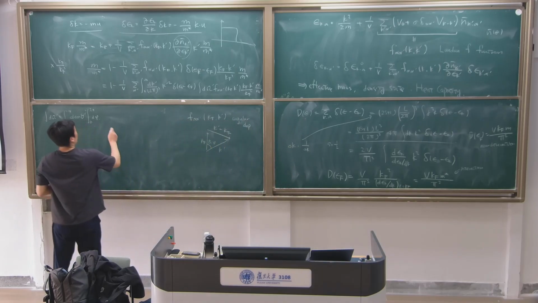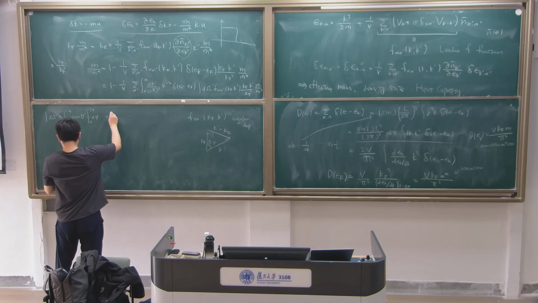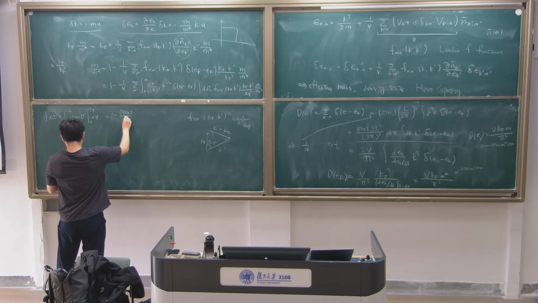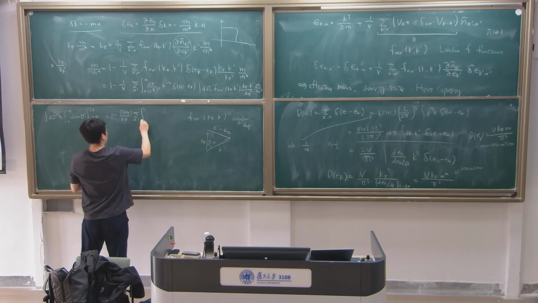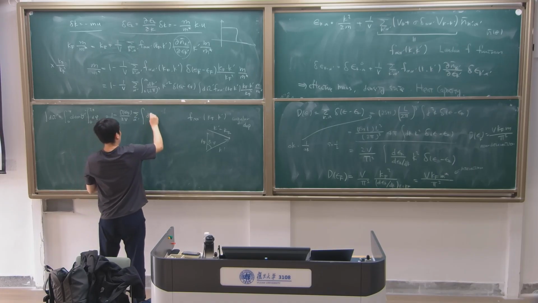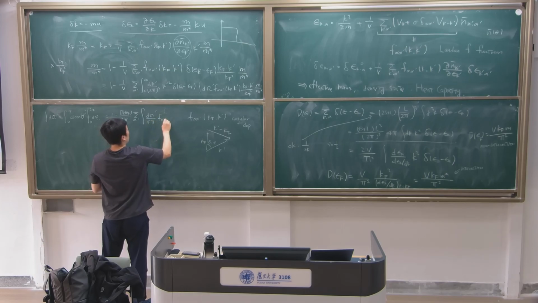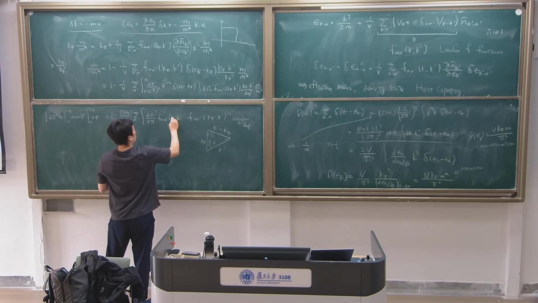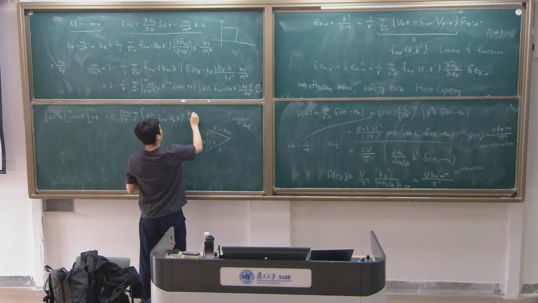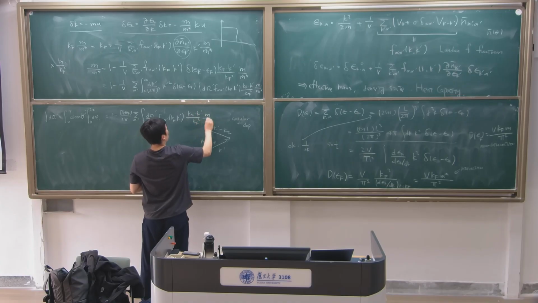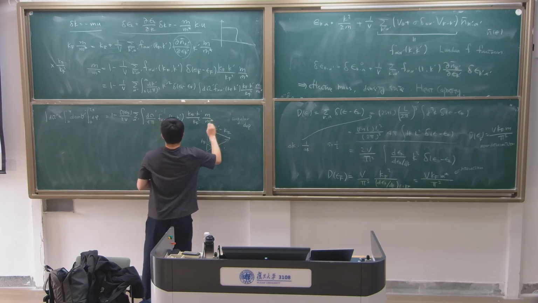So at the end of the day, you get that this is equal to 1 minus f of alpha, alpha prime, and d omega prime, like this.